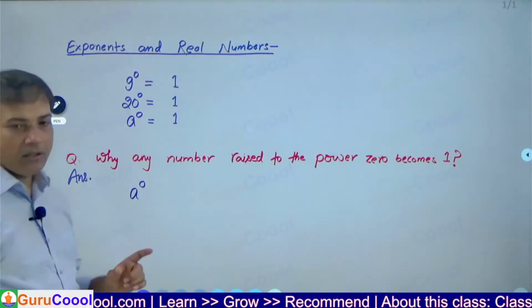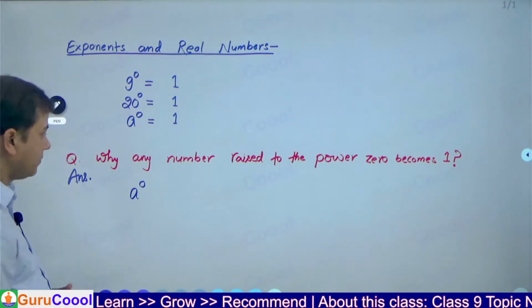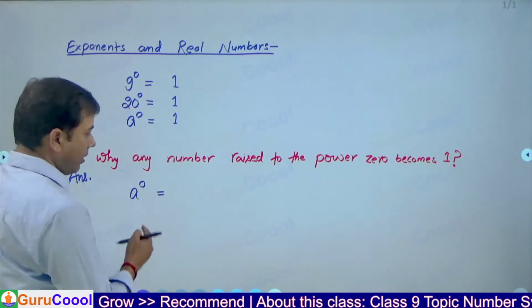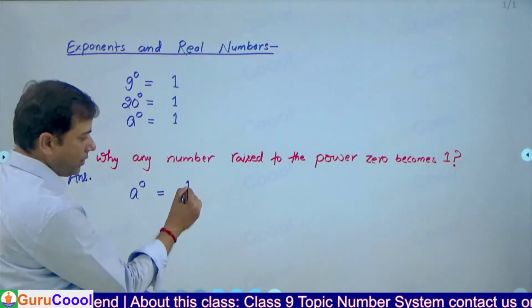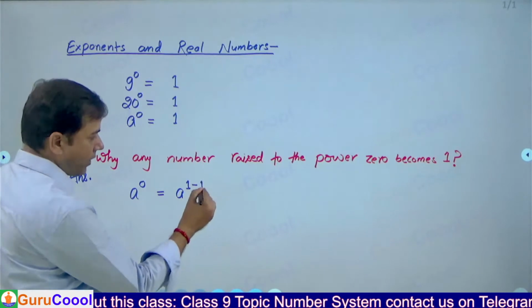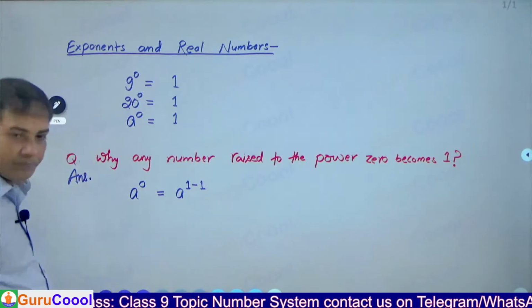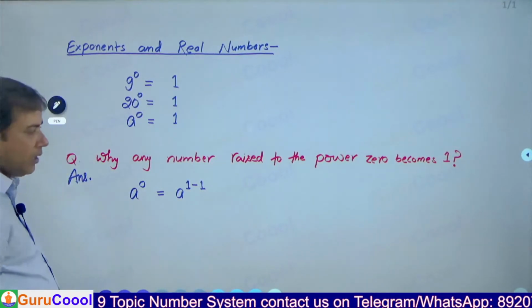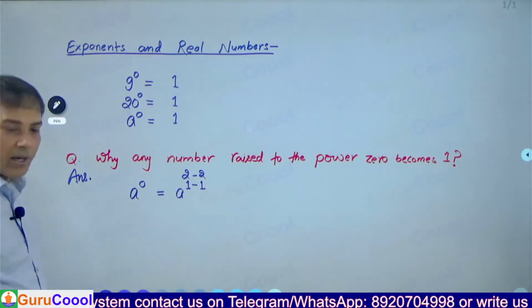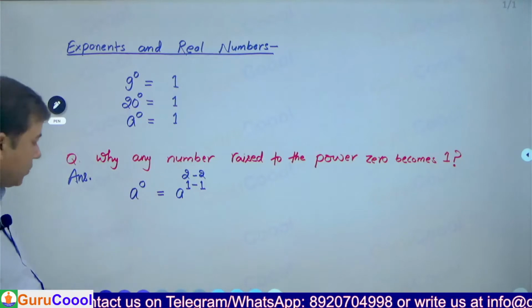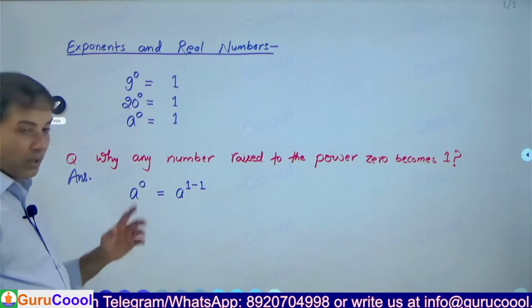See, why is it 1? a raised to the power 0 can be written as a raised to the power 1 minus 1. If you want, you can write 2 minus 2 as well, or 3 minus 3, 4 minus 4, whatever. I wrote 1 minus 1.